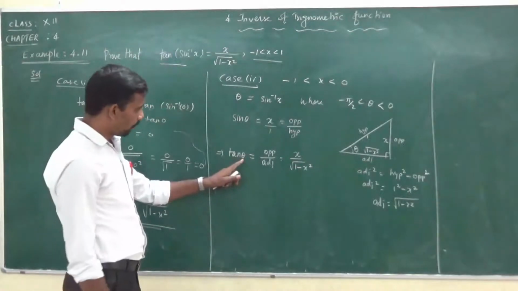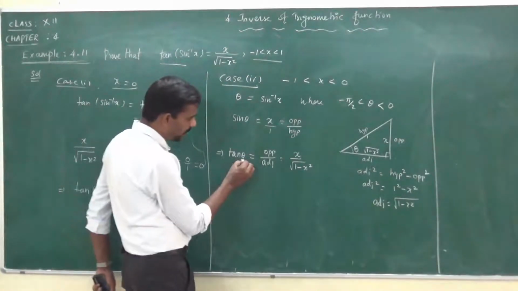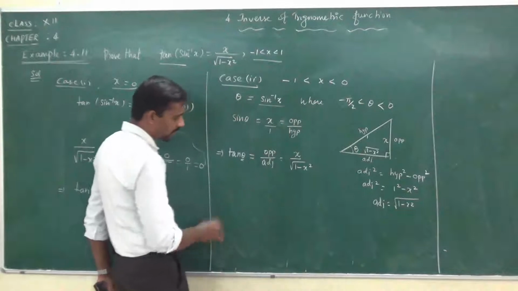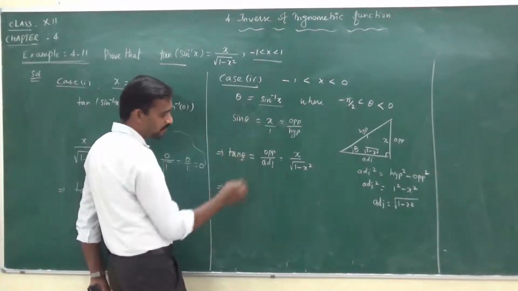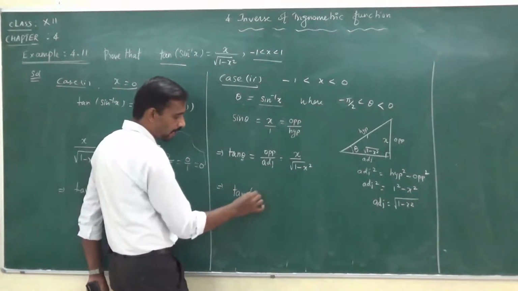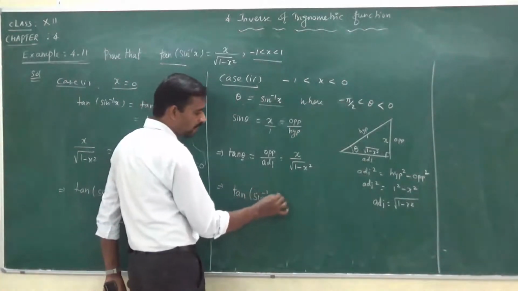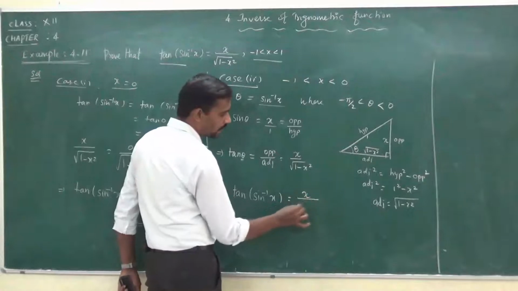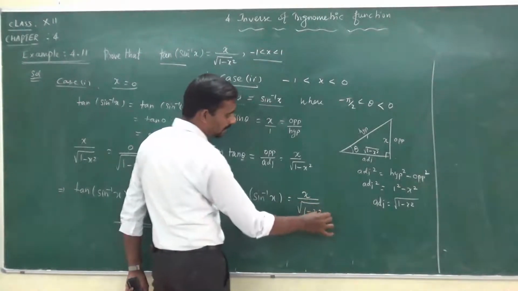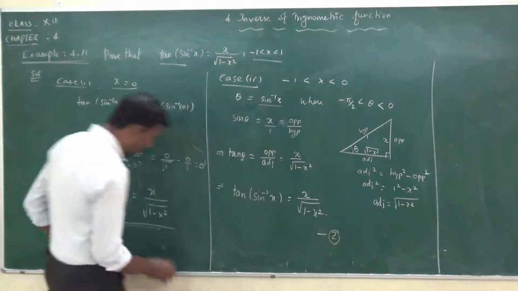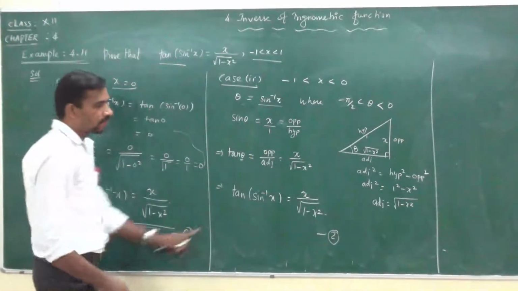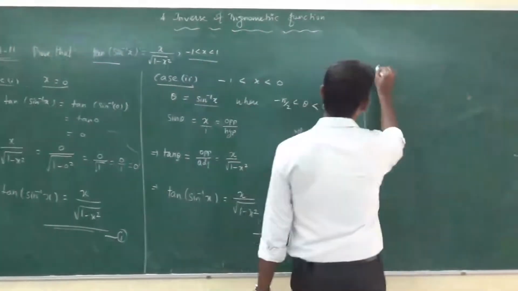Now this theta is nothing but sin inverse of x, so in place of theta we substitute sin inverse of x. We get tan of sin inverse of x, which is equal to x divided by root of 1 minus x square. So this case is over. Put it as 2, and the earlier one is 1. Now case 3.